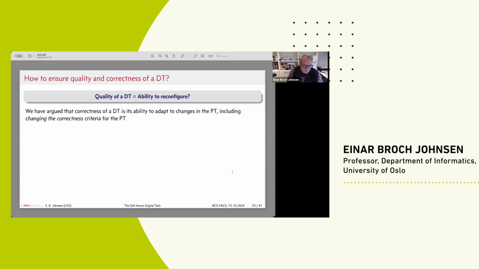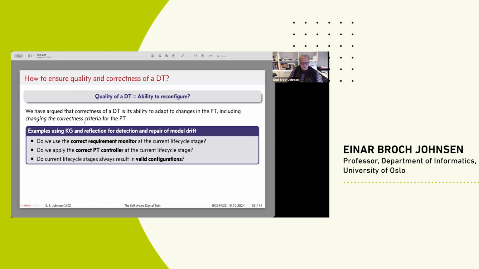And what I'm arguing is that correctness for a digital twin is about its ability to adapt to changes in the physical twin, including changing requirements to the physical twin, so the correctness criteria for the physical twin itself. And we have seen some examples of this kind of problem. Do we have the correct requirements for an asset in the physical system at the current life cycle stage?